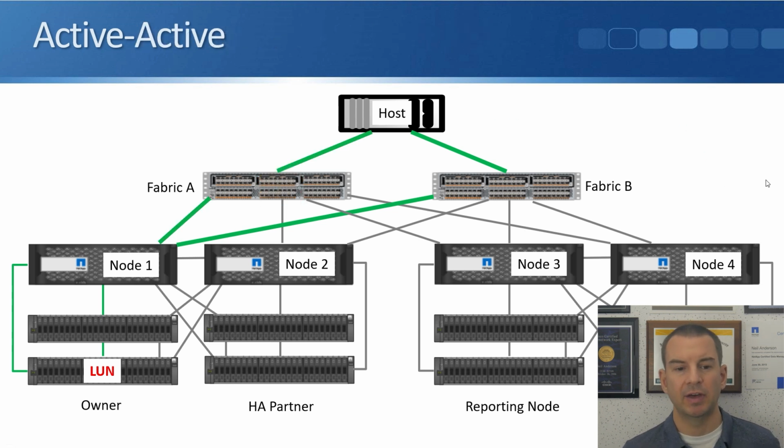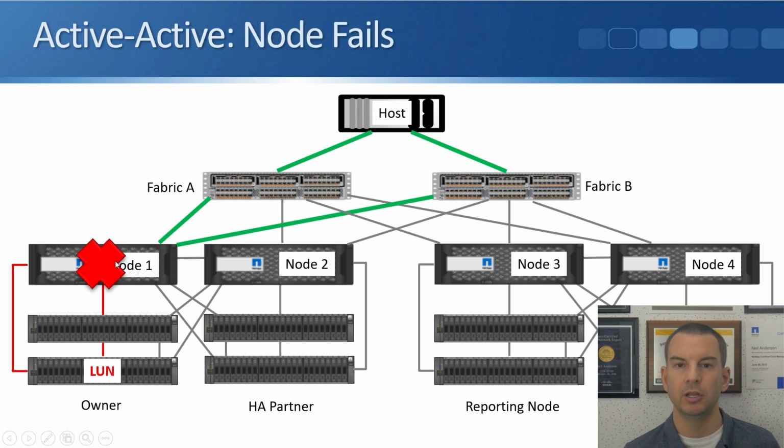Another thing that could happen is that the node fails, node 1. So here we're looking at active-active again. The client is sending traffic active-active through both available optimized paths, and then node 1 fails. So node 1 fails, the client will learn that node 1 has failed. What's going to happen is node 2, because it is the HA partner of node 1, it will detect that node 1 has gone down.